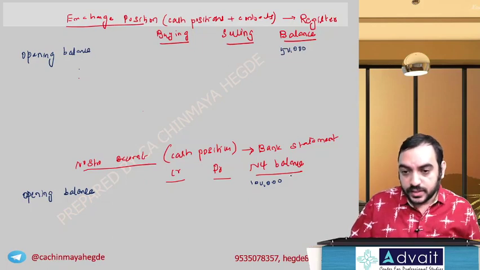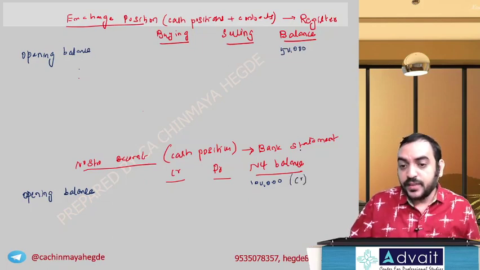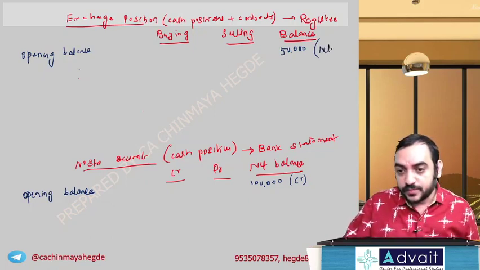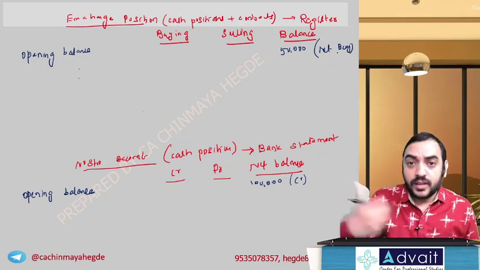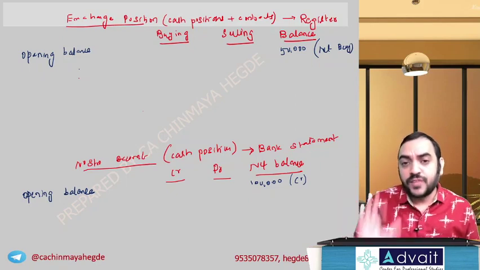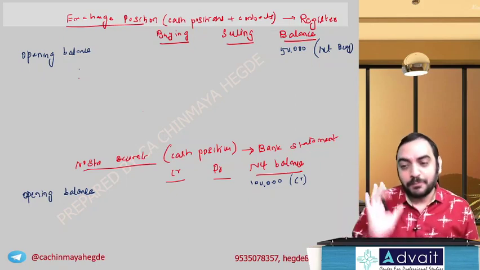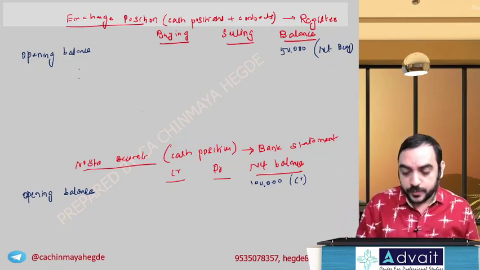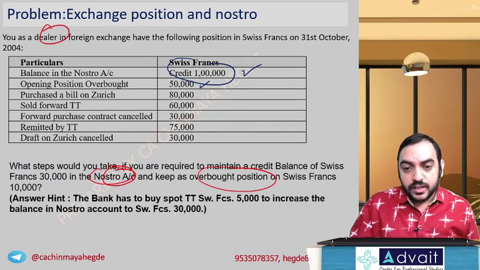Here it is credit balance, net balance, and here overbought. Overbought means net buy. Considering the contracts in hand and cash in hand together, they have 50,000 Swiss francs with them. Then we have the opening position overbought, done.